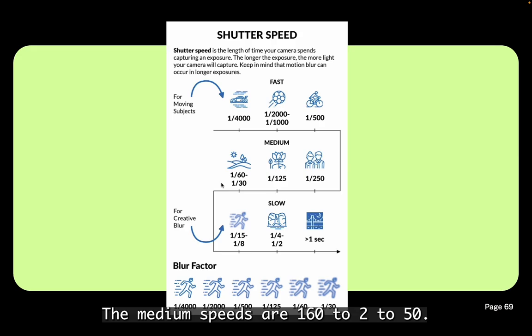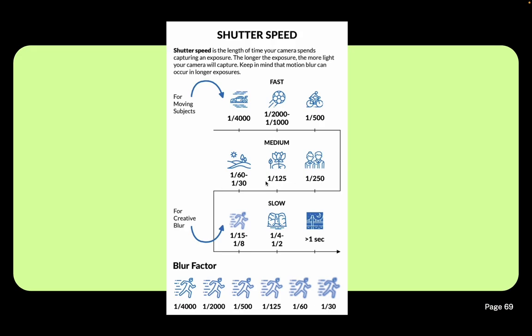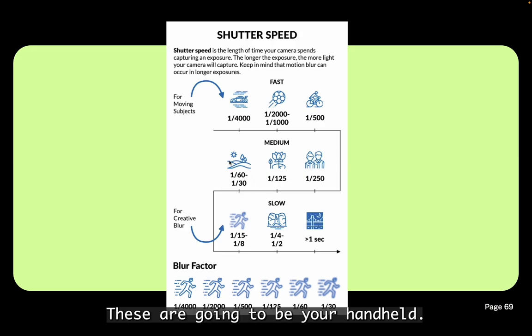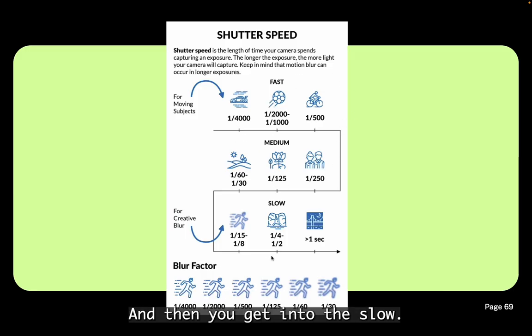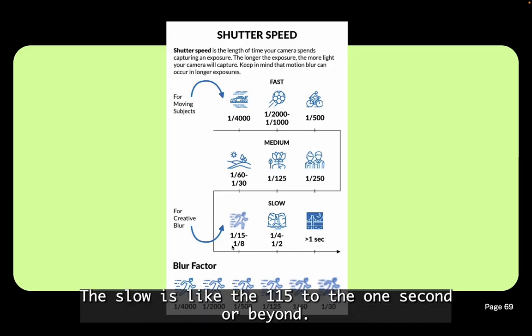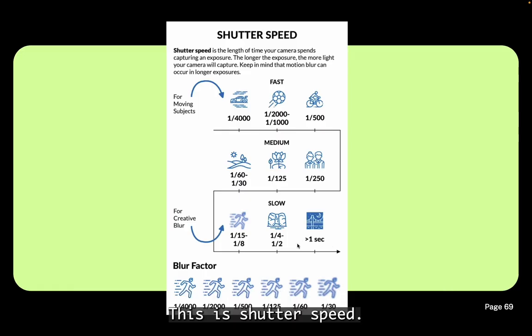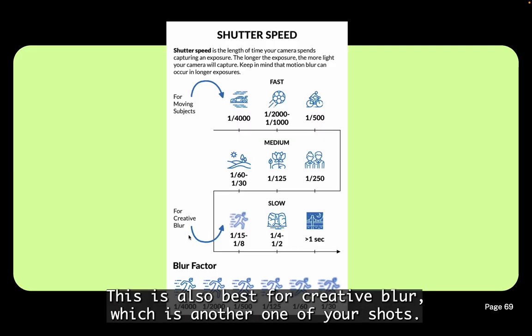The medium speeds are the 1/60 to 1/250. These two are going to be handheld friendly. And then you get into the slow. The slow is like the 1/15 to 1 second or beyond. This is tripod territory. This is also best for creative blur, which is another one of your shots.